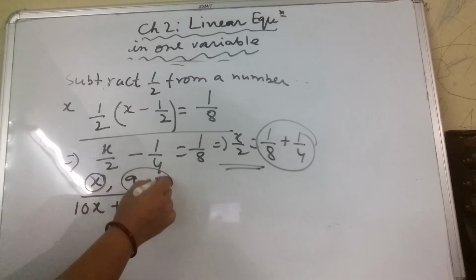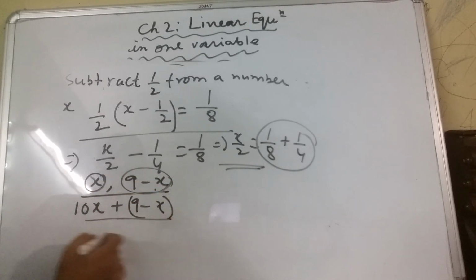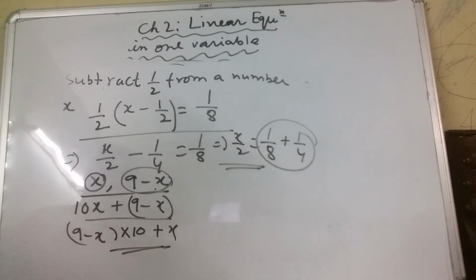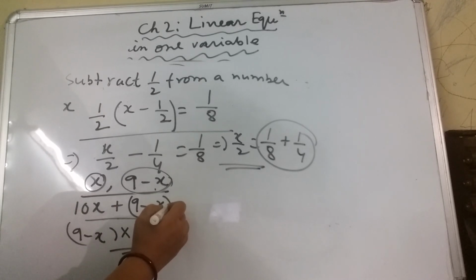So now the other digit will come to the tens place. So (9 - x) into 10 + x is the other number. Now this is greater than the original number by 27. That means this number is greater than this by 27.